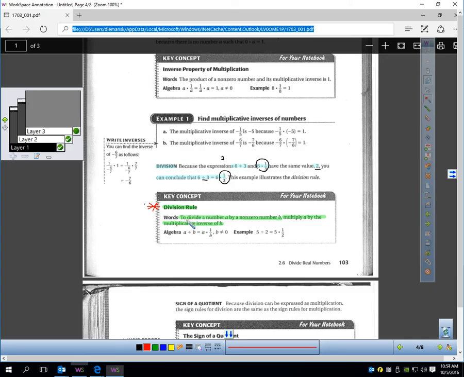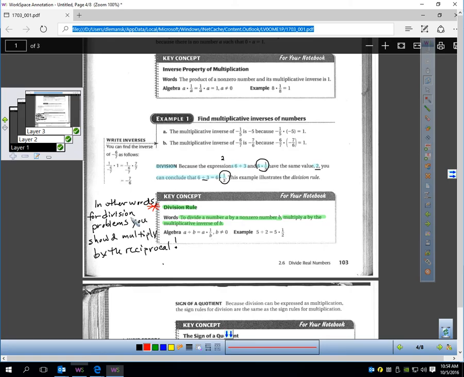The division rule says to divide a number A by a non-zero number B, multiply A by the multiplicative inverse of B. In other words, for division problems, you should multiply by the reciprocal. That's what this rule is telling you. We're going to practice this rule right now.